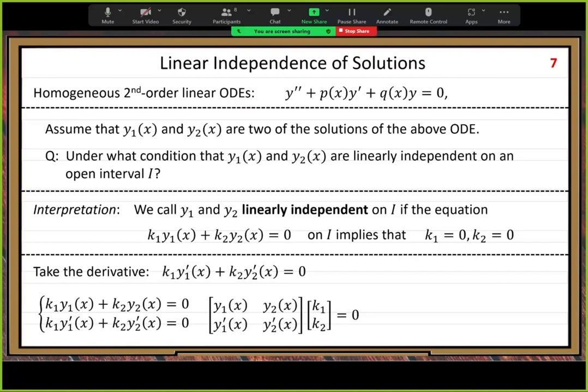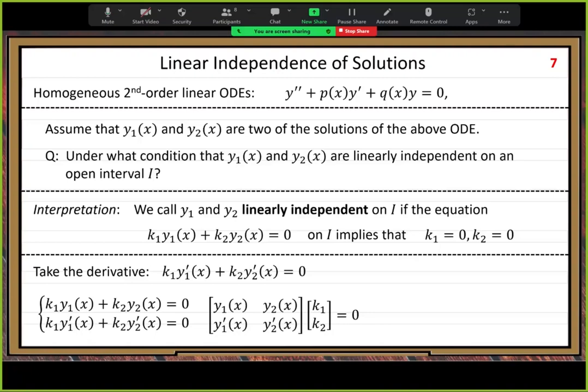If it is non-zero, then this linear homogeneous system does not have any non-trivial solution. That's the whole result we need to use from linear algebra for this problem.